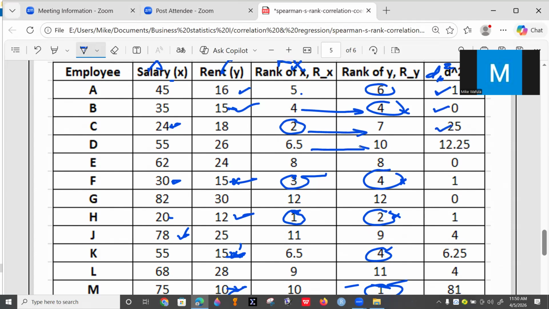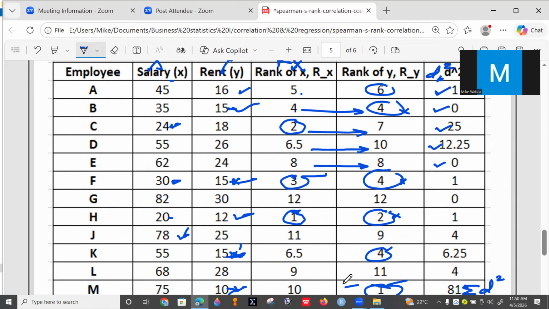6.5 minus 10 is -3.5, squared, you get 12.25. 8 minus 8 is 0, squared, you get 0. So this is now the squared column, where we are squaring the differences between the ranks. Then at the end, down here, we need to get the summation of this D squared.